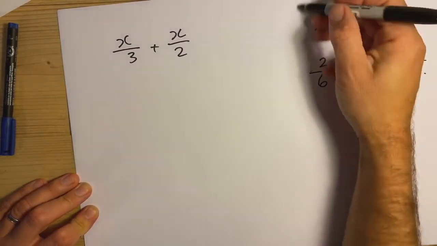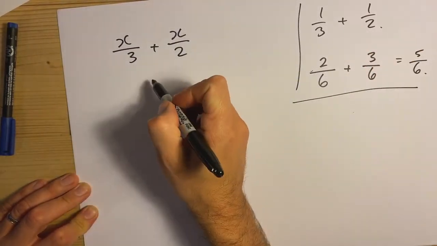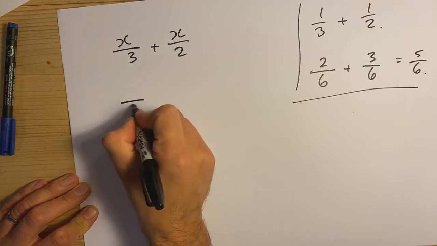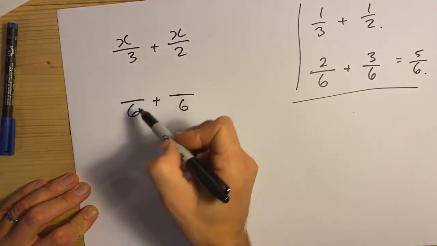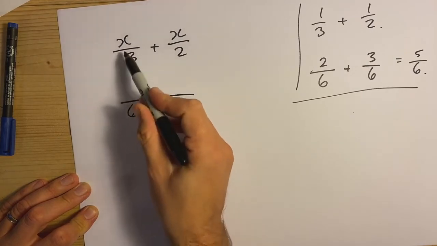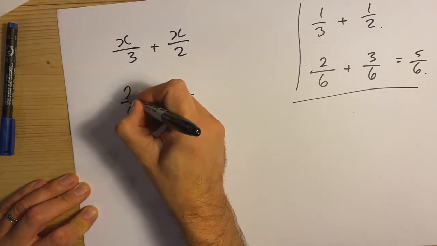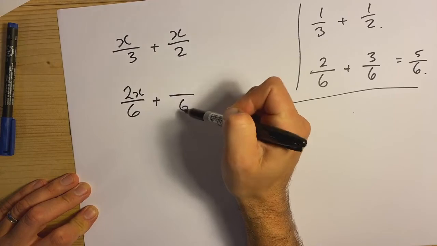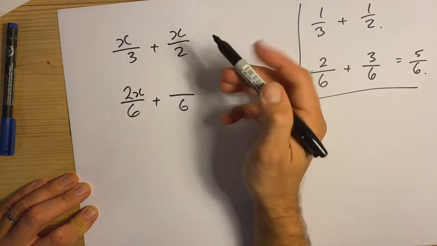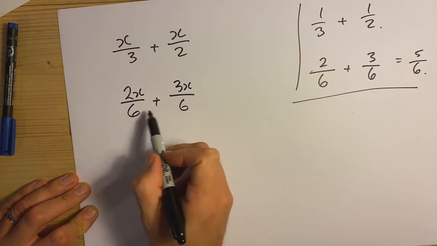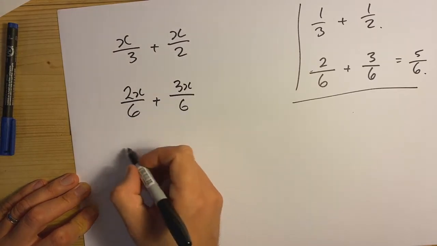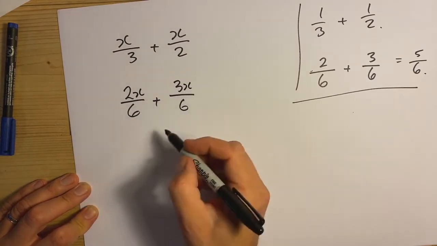Now this is exactly the same as what's going on over here. Our common denominator is going to be 6. We multiplied the 3 by 2, therefore we have to multiply the x by 2. So that becomes 2x. We multiplied the 2 by 3, therefore we have to multiply the x by 3. 2x over 6 plus 3x over 6 is the same as 5x over 6.